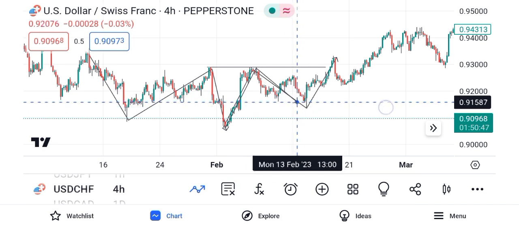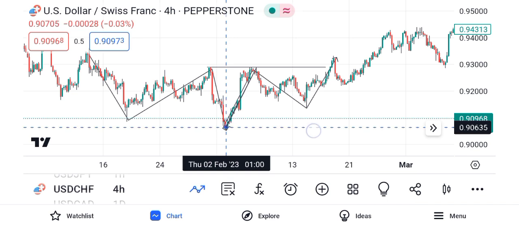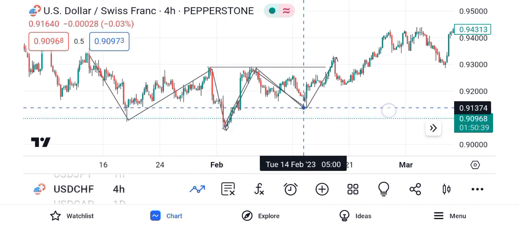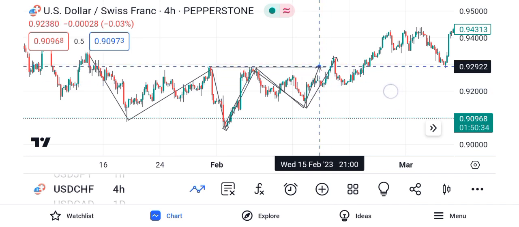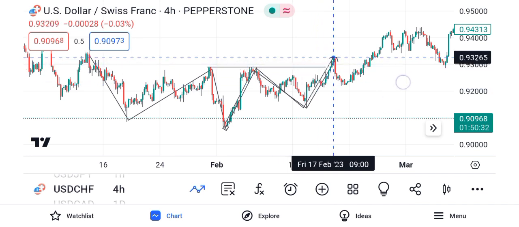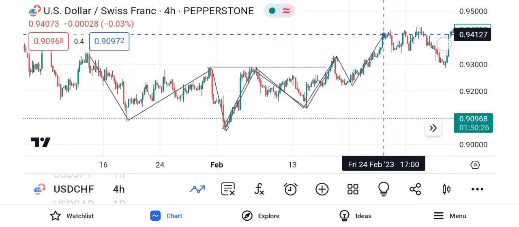So we saw the impulsive move up to this point here, but it failed to break this zone here. Price failed to break this point here. Then we saw all of a sudden the market started moving upward, closing above this line here, or our recent lower high, which signifies that the market is changing to an uptrend over here.